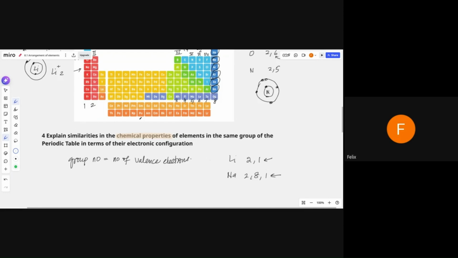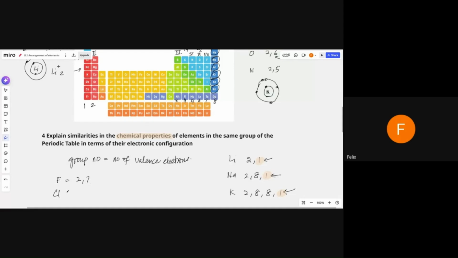Potassium again: the electronic configuration is 2, 8, 8, 1. 2 electrons in the first shell, 8 in the second, 8 in the third, and 1 electron in the fourth shell. So you can see that elements in the same group have the same number of outer shell electrons. Remember that. Fluorine is 2, 7, so it has 7 electrons in the outer shell.